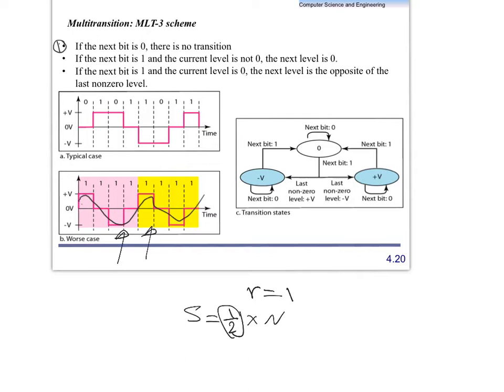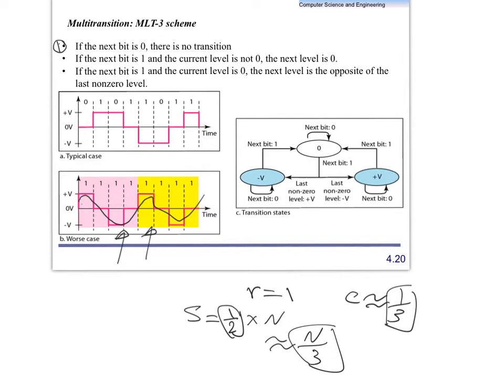However, for this case, because of what we have done, the case factor is less than half. It tends to be around 1 over 3, which means that the signal rate will be around n over 3. So the signal rate is less, which means, of course, that the bandwidth is less, right?